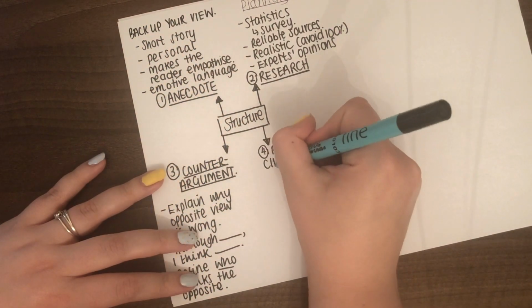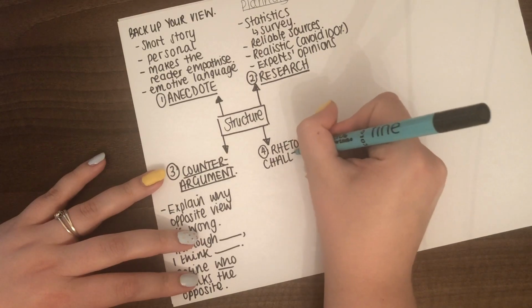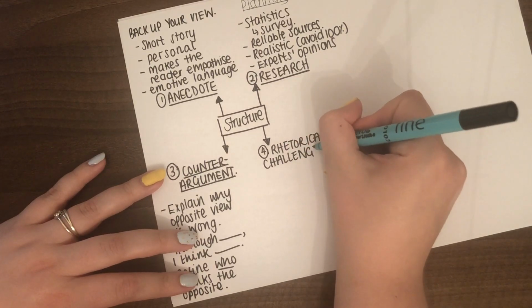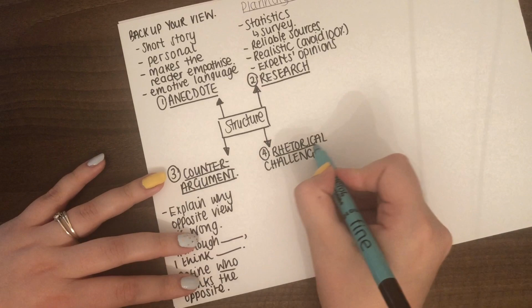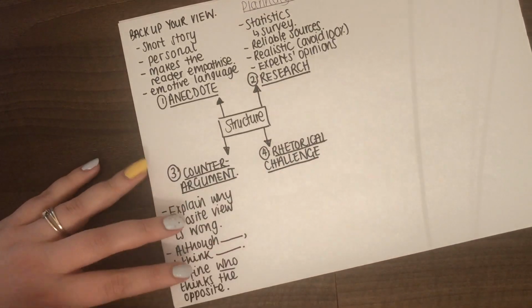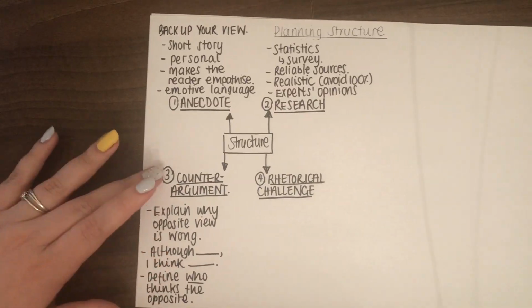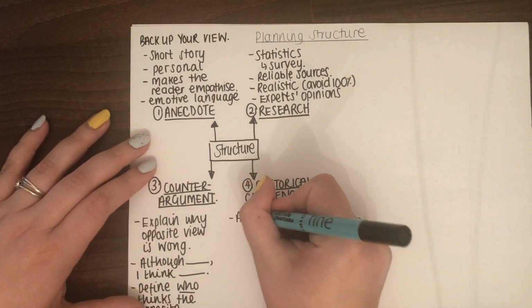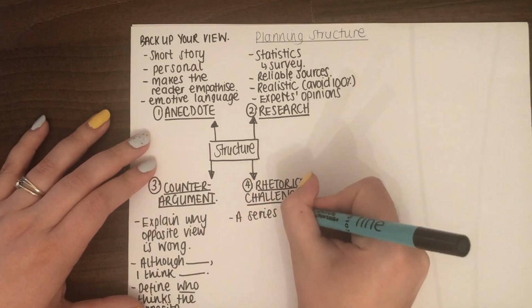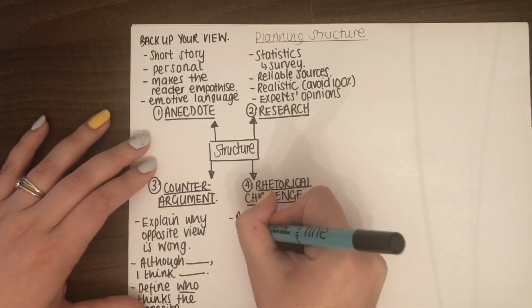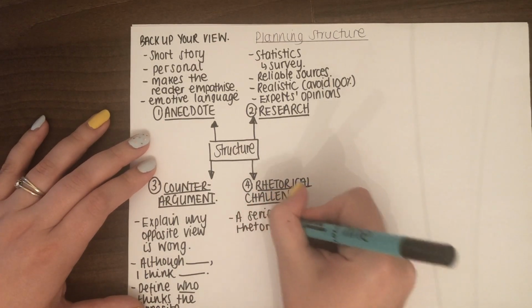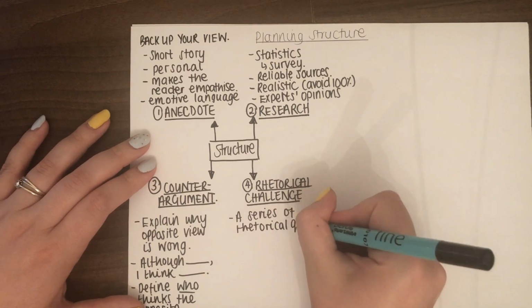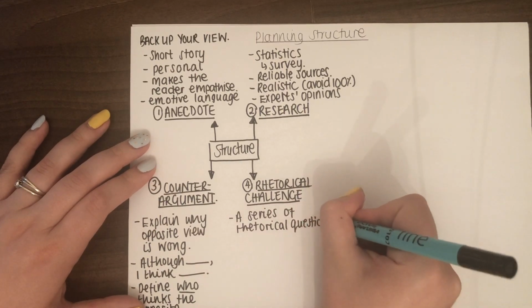And then finally, your last paragraph, which is actually quite short. Now there's no reason you can't use rhetorical questions throughout, just to be clear, but in your final paragraph, what you're going to be doing is setting up a rhetorical challenge. And what I mean by that is you're going to ask a series of rhetorical questions to the reader, or if it was a speech, it would be the audience.